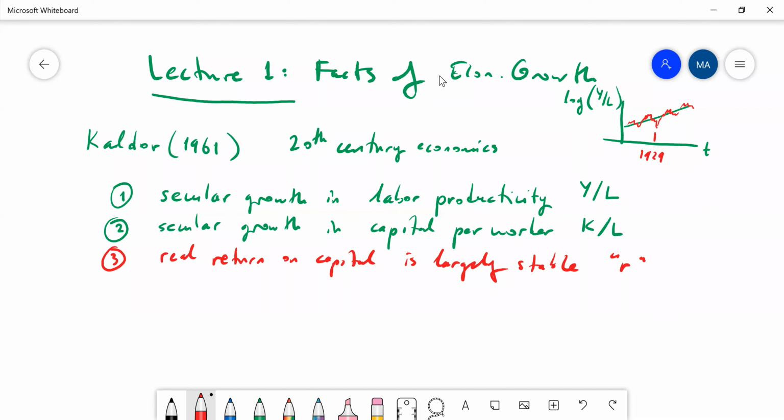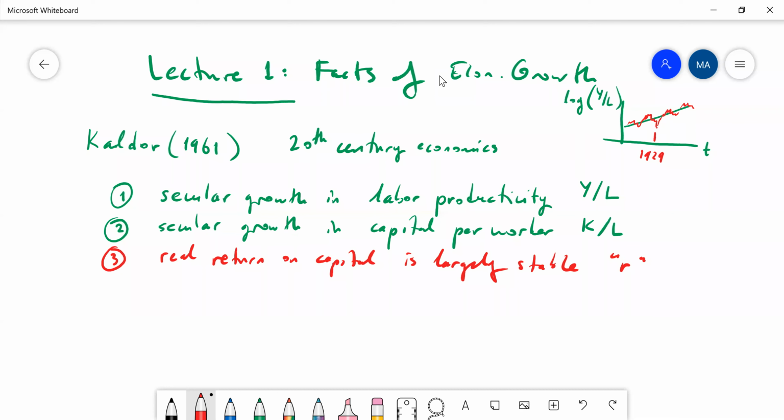And by stability, what we mean is something like this. If you draw a figure, then what you observe is something like this. There's no growth. It is largely stable.